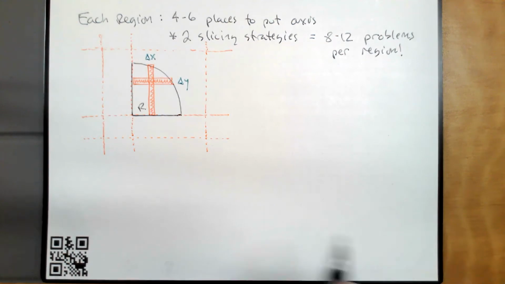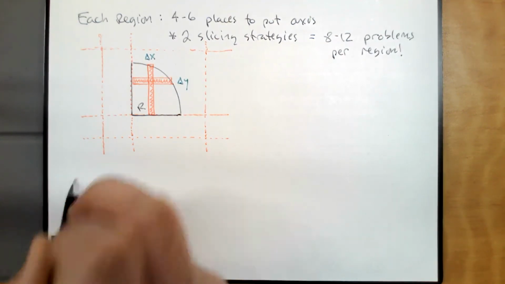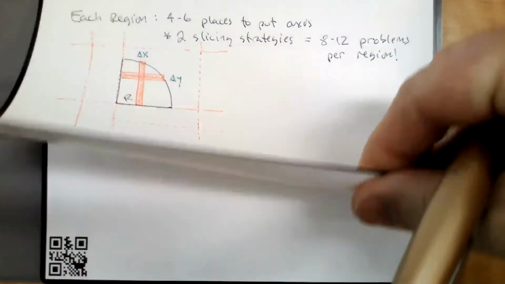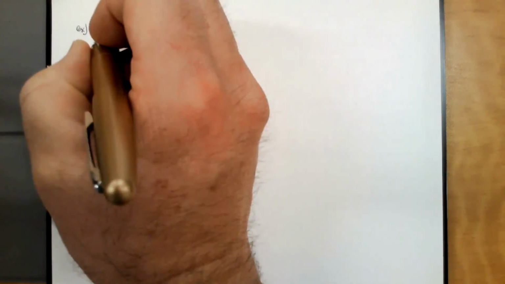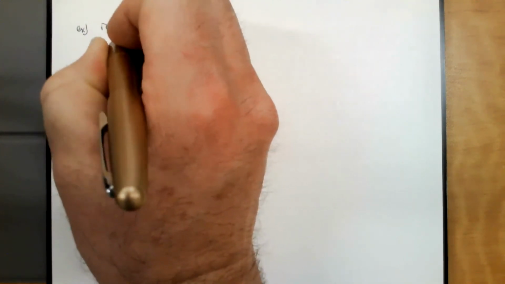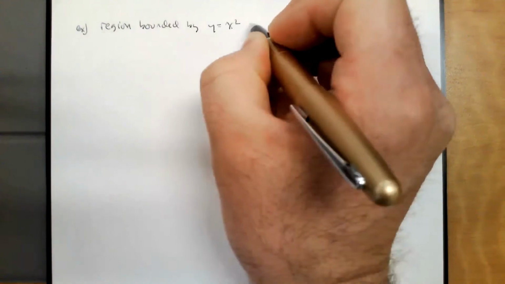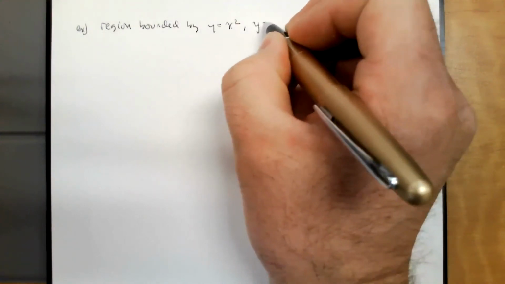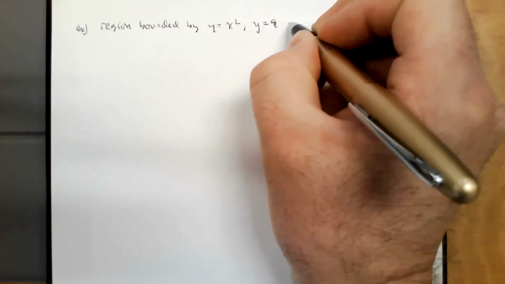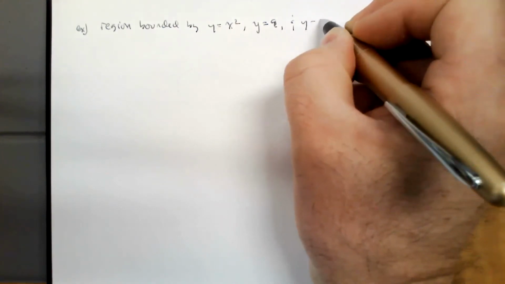All right, so let's do our example. I'm going to grab the same region that we had before, the region bounded by y equals x squared, y equals 9, and the y-axis.